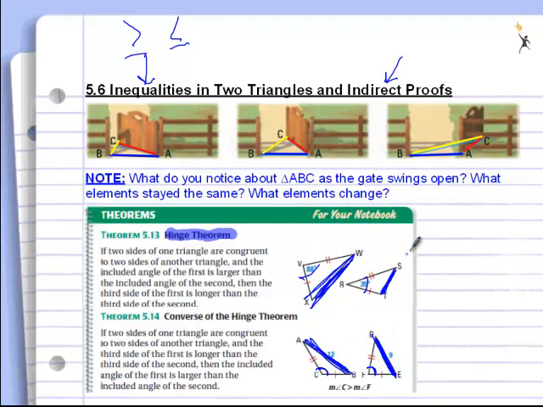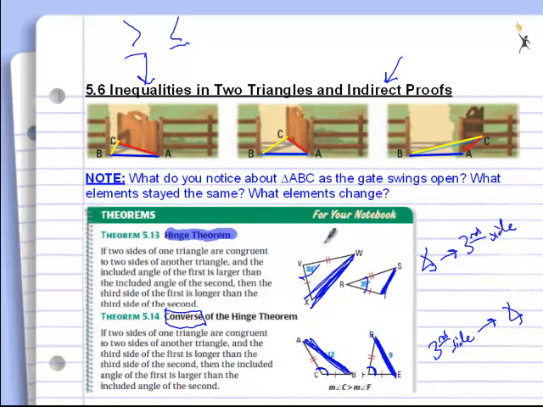And again, here we're going from an angle to a third side. Here we're going from a third side to the angles. And that's what the converse actually means. It's flip it around.